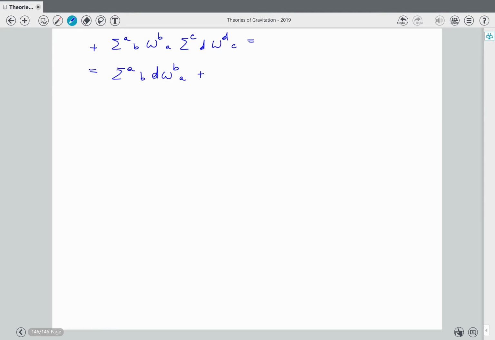The second one, observe that you can write it this way. Why? Because the omegas are two one forms.